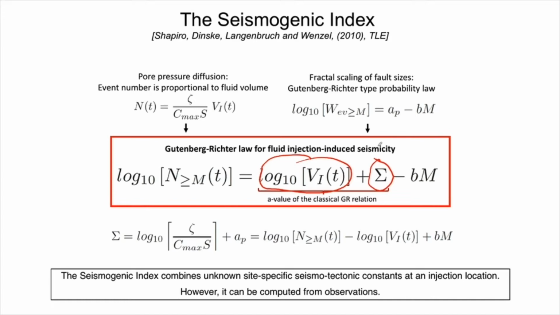It's describing how many fractures and faults are there and how many are critically stressed. So there's an anthropogenic part, and there's a geologic part, okay? And the overall scaling is the b slope that's common in the Gutenberg-Richter relationship. So it gives us the ability to separate out the anthropogenic and the geologic parts.